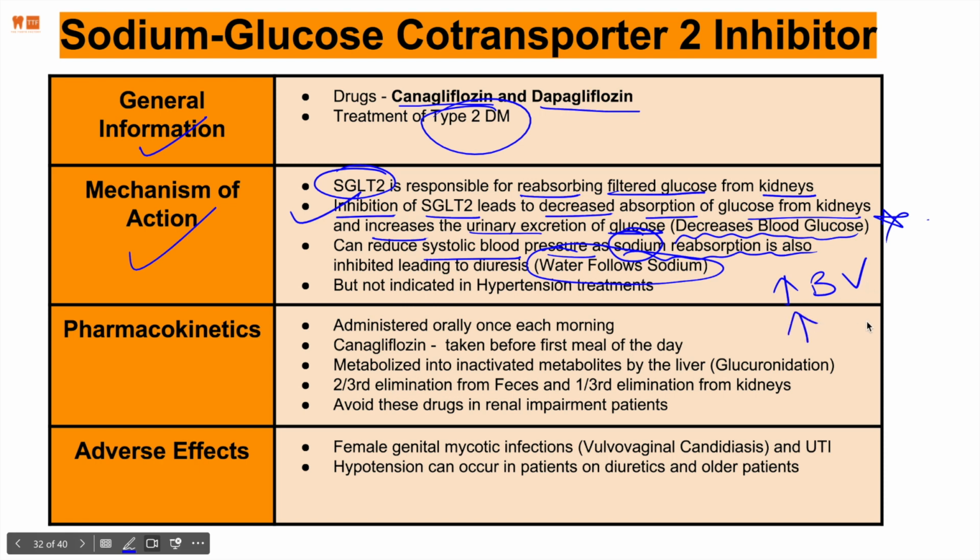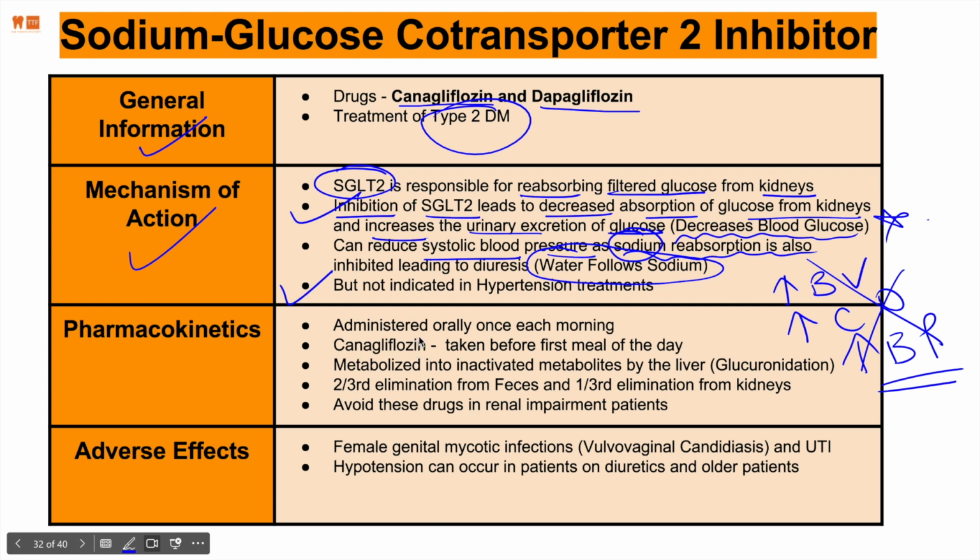Because there's an increase in blood volume, there's an increase in cardiac output. Therefore, there's an increase in blood pressure, right? But the inhibitor prevents all of that. Therefore, this class of drug can reduce systolic blood pressure, but it is not indicated in hypertension treatment at all. This is just an effect that it causes.